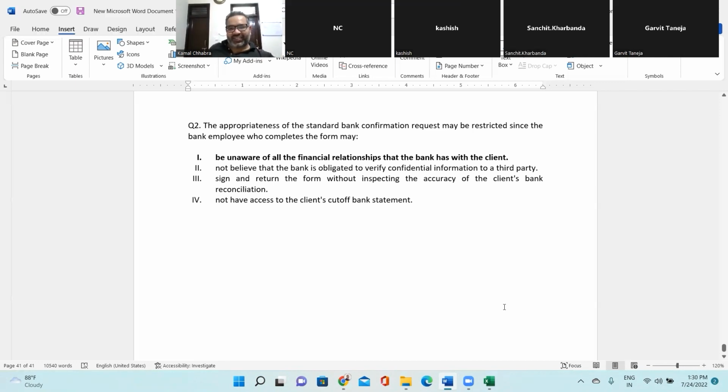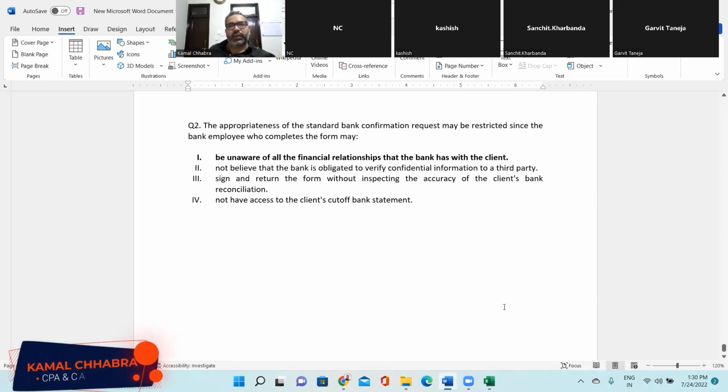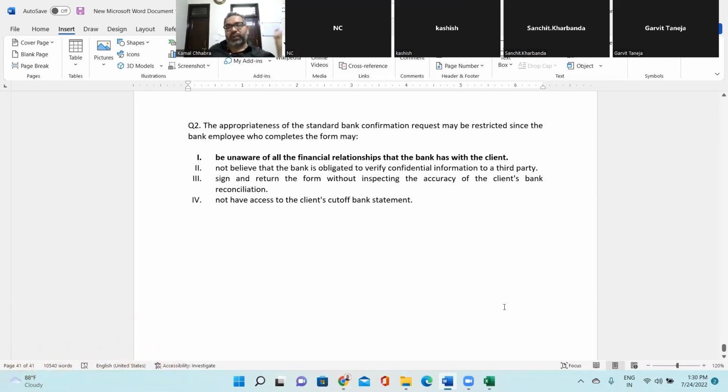But sir, the question is saying the bank confirmation may be restricted only because the bank person knows the bank balance, fixed deposit, recurring deposit, but might not know if you have any lending relation, OD relation, and other relation, because that's a different department. Okay. So he may miss giving you that confirmation. Make sense? Yes. Cool. So this is it for today's class.